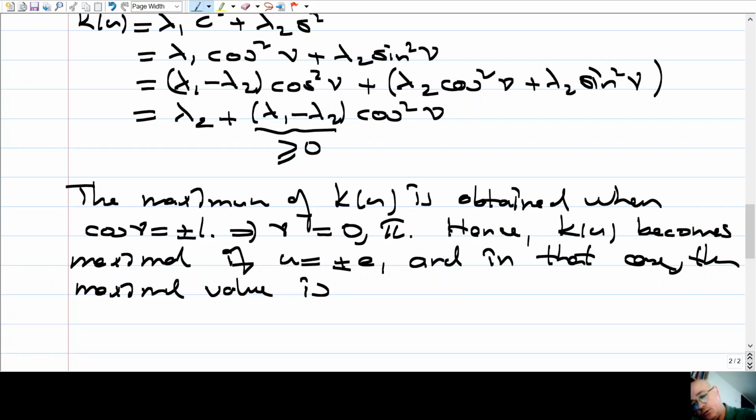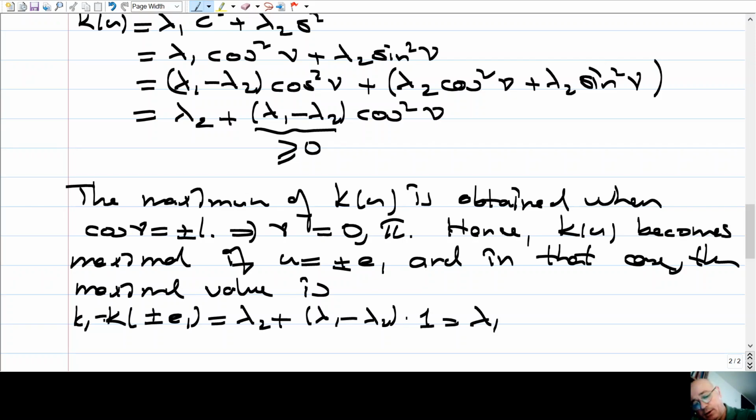So k plus minus e1 is just lambda 2 plus lambda 1 minus lambda 2 times 1, because cosine is plus minus 1, so its square is 1. So this is just lambda 1. But we know that the maximal value is K1. Therefore, lambda 1 is K1.